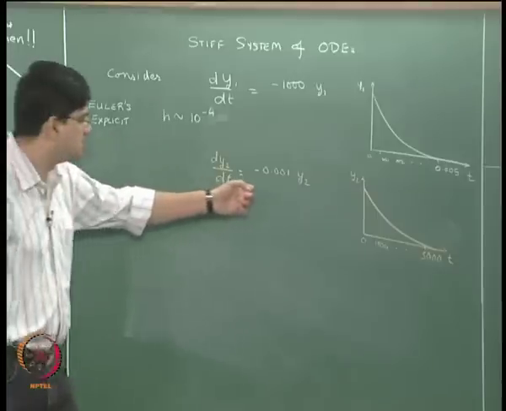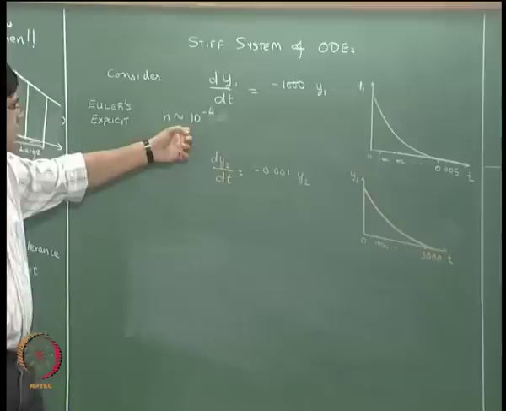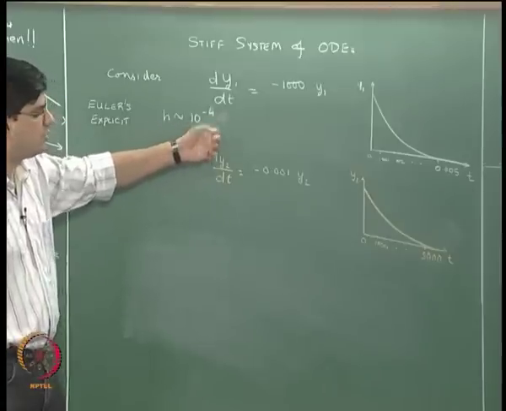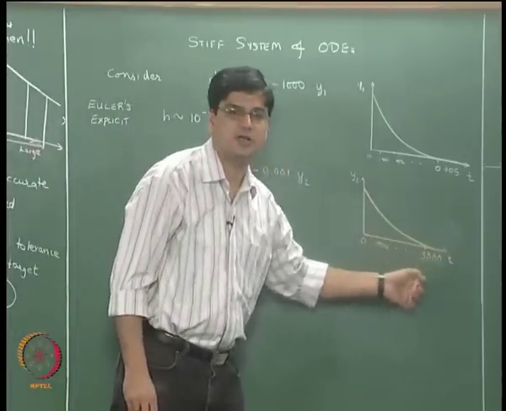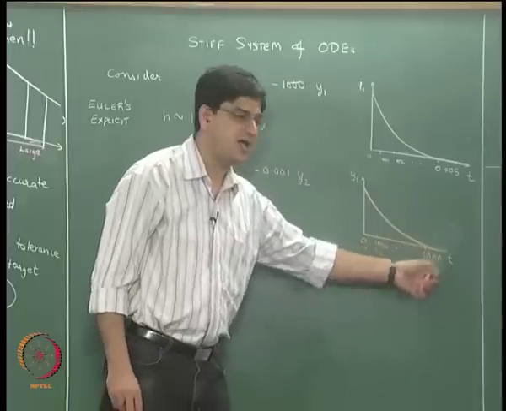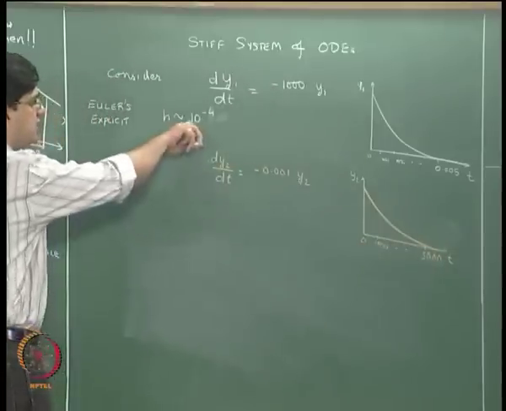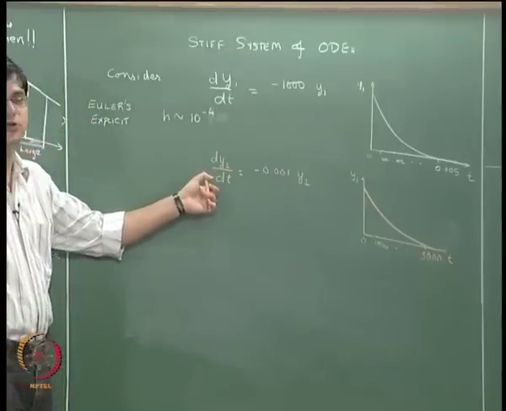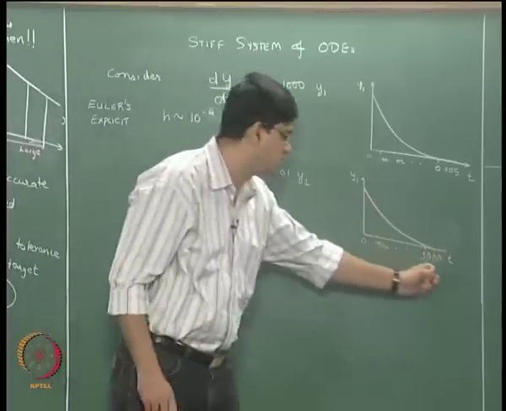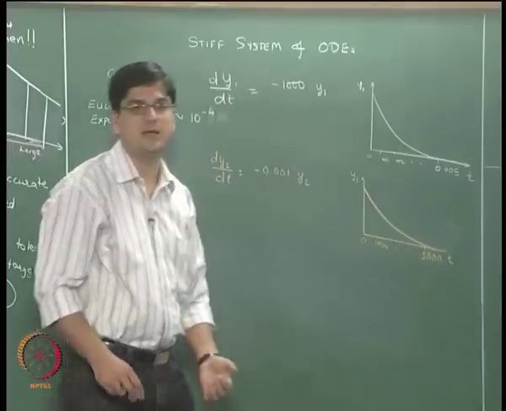Whereas in this particular case, if we take the step size of 10 to the power minus 4, we need to run this particular method up to time 5000. As a result, the number of steps with h equal to 10 to the power minus 4 for this system is going to be approximately 5 into 10 to the power 7.